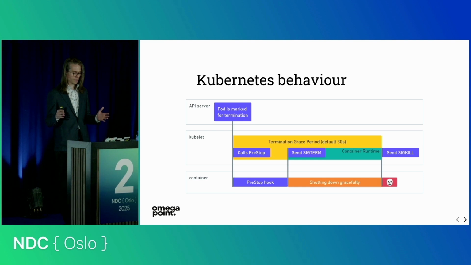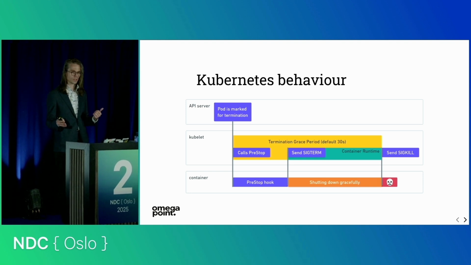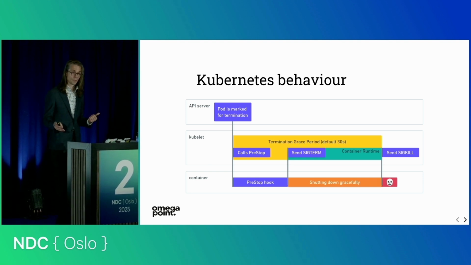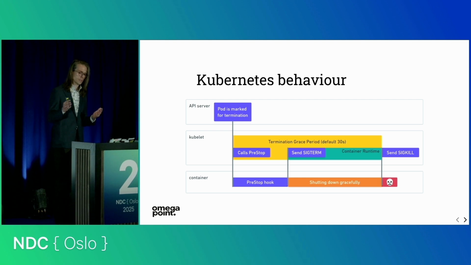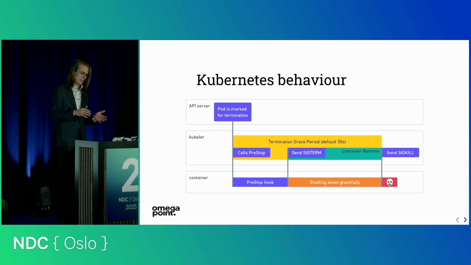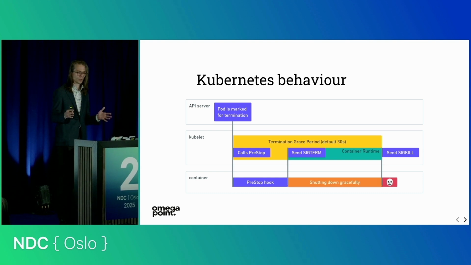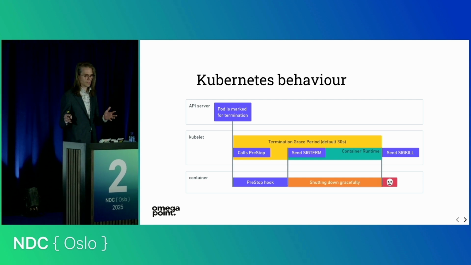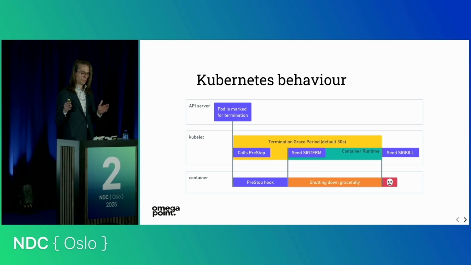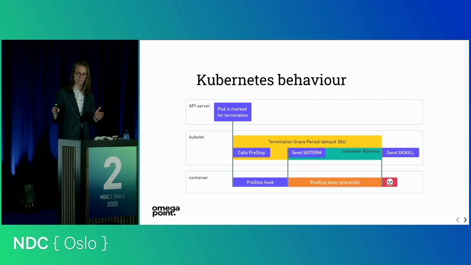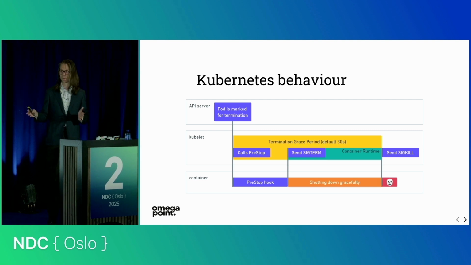Here, the first thing that happens is that the kubelet checks if there is a pre-stop hook defined for the container, and if there is, it executes that. Afterwards, it figures out how long that pre-stop hook took, and then it subtracts that time from the termination grace period, which is 30 seconds by default.